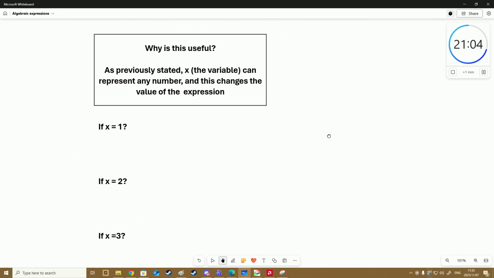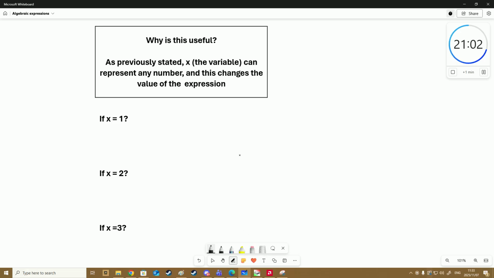Alright, so why is this useful? Well, as previously stated, x, the variable, can represent any number, and this changes the value of the expression. If x is equal to 1, we can take the expression 3x plus 2 and substitute a 1 into where the x is standing.